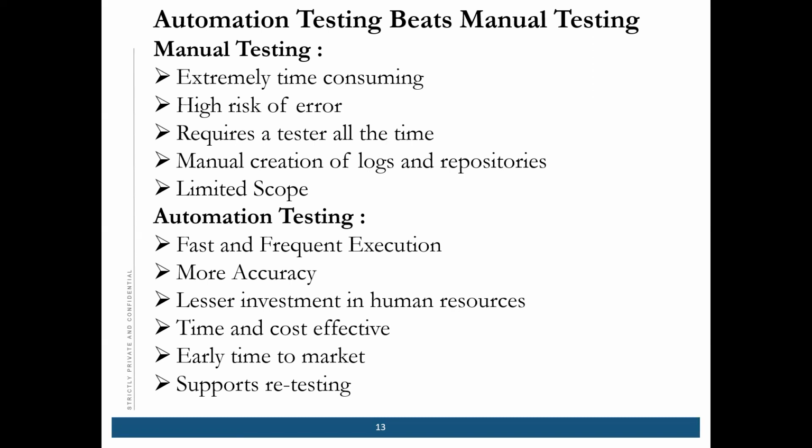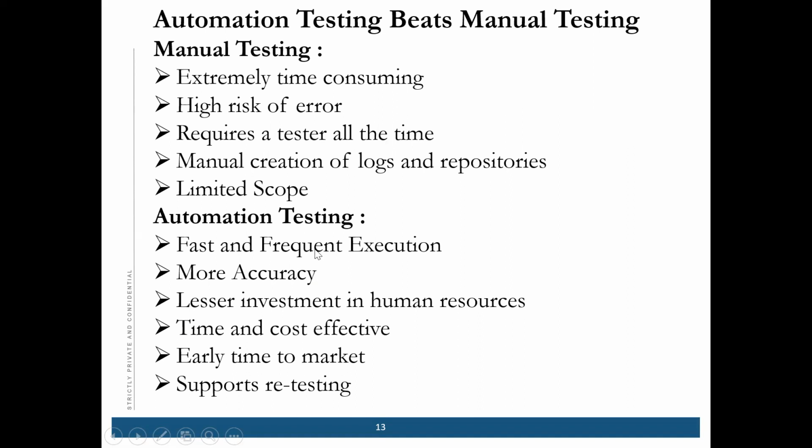That is also a risk for your system. Why? Because you are not executing all the test cases, and the ones you did not execute might have some error. So it has a limited scope, and you are risking your application. All these things can be overcome by automation testing.